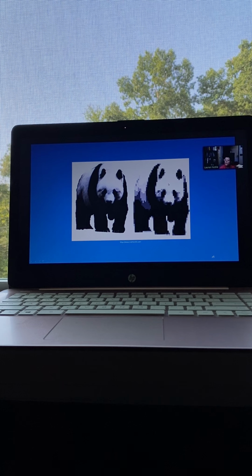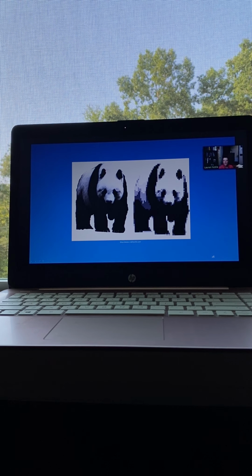Just as an example, which image do you like better? Or which one's clearer? Left side. This one? Yes. You can tell that this is a panda bear, but it's clearer here.